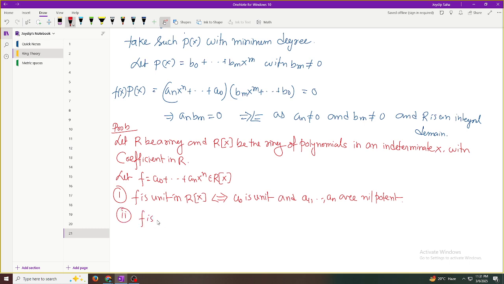And f is nilpotent if and only if a0 to an are nilpotent. Now, can you answer this question? What is the nil radical of a ring?